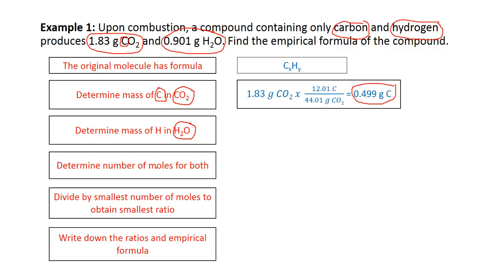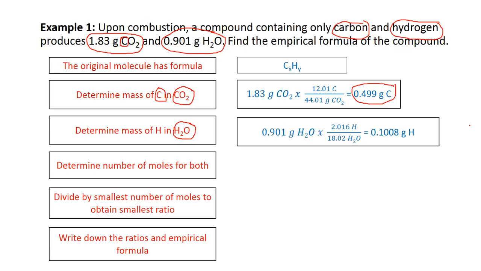So in this case, our conversion factor is the mass of 2 hydrogen atoms divided by the molar mass of water. So what you need to do is to multiply this given quantity times that conversion factor as shown here.